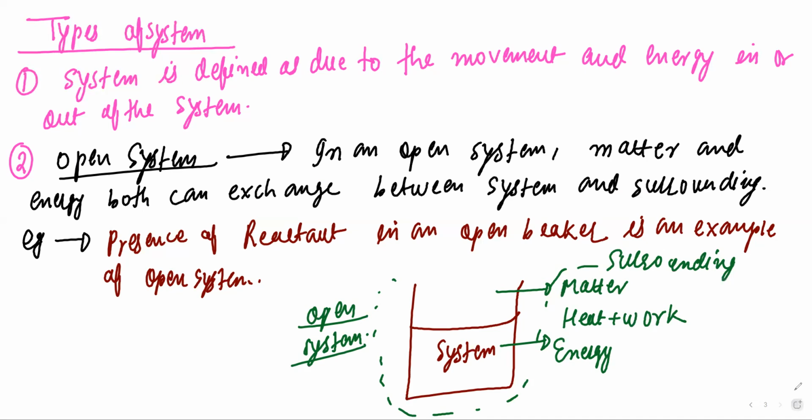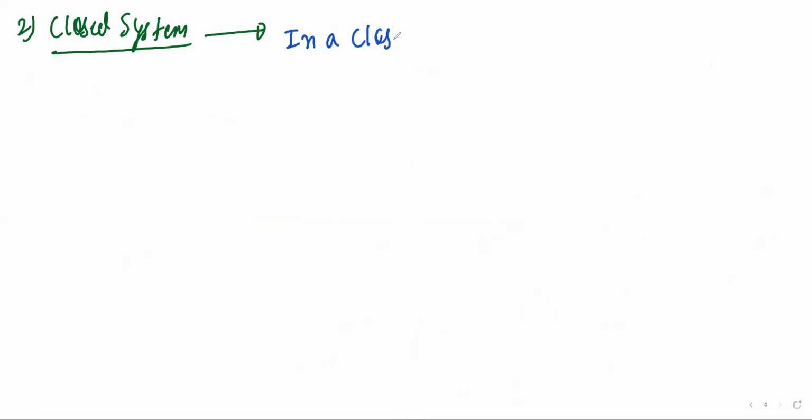Now see, the next one is closed system. In a closed system, there is no exchange of matter, but exchange of energy is possible between system and surrounding. So how is a closed system defined?